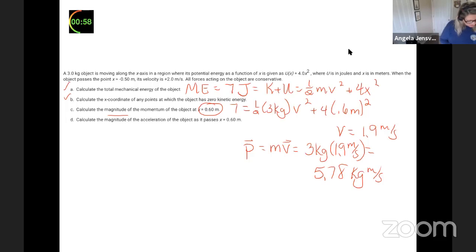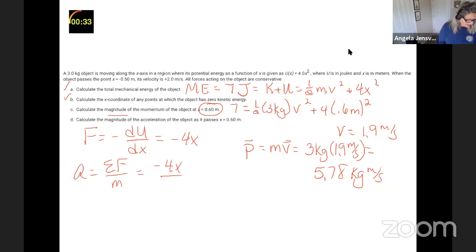Calculate the magnitude of the acceleration. Do you remember that force is negative dU/dx? That was from last week. If you differentiated our potential energy function with respect to position, you would get negative 4x. We know acceleration is the sum of forces over mass, and this is the only force acting on the object.